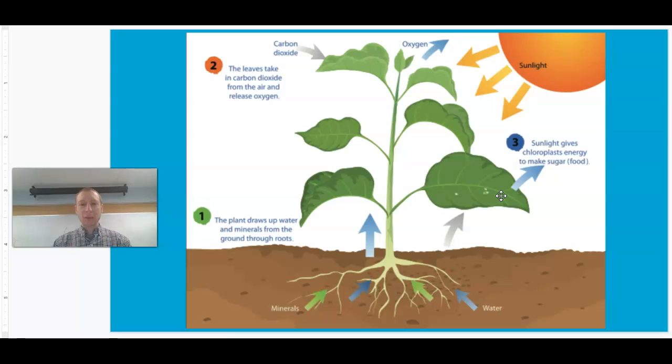Now you should go ahead and draw this diagram in your notes. Okay, you don't have to write all these words, but you should put 1, 2, and 3 in your own words. Show that water is going in, show that carbon dioxide is going in, show that oxygen is coming out. Okay, so draw that diagram before you move on to the next slide.